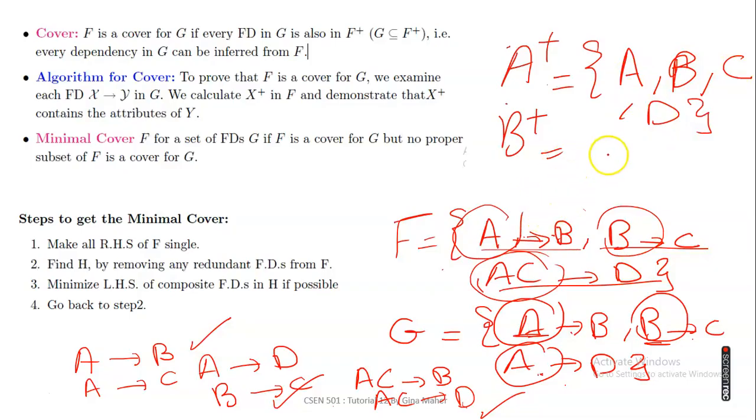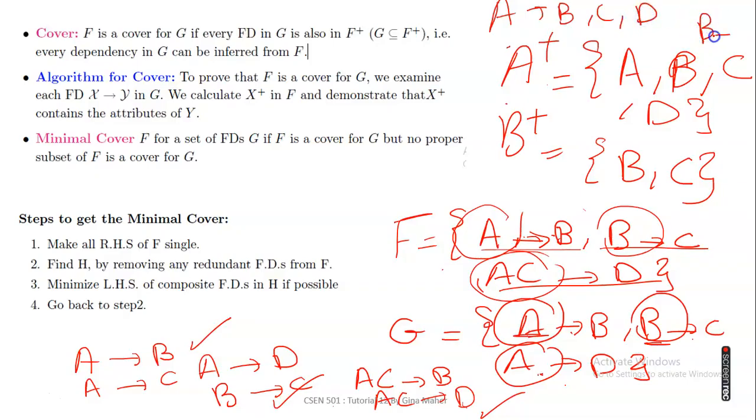Okay? B. B is there. B implies C, so C will be added. A is not there. B is there, and we already added C. A is not there, so we cannot add D. So, from here we can deduce that A implies B, C, D. B implies C. Now we want to check that these dependencies in G are found there.